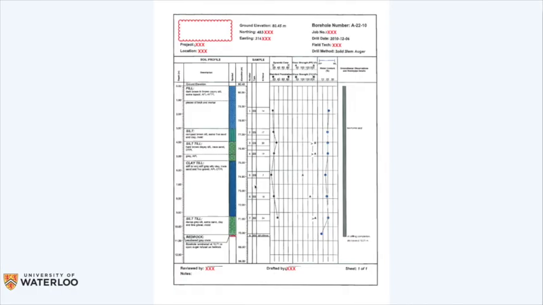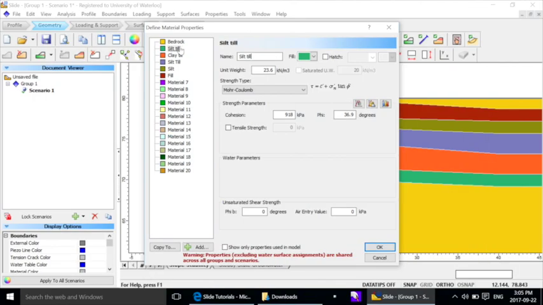Oh, it's the same material. You see this material here, the third material is also here after the clay till. Okay, so we don't need to define once again this material.